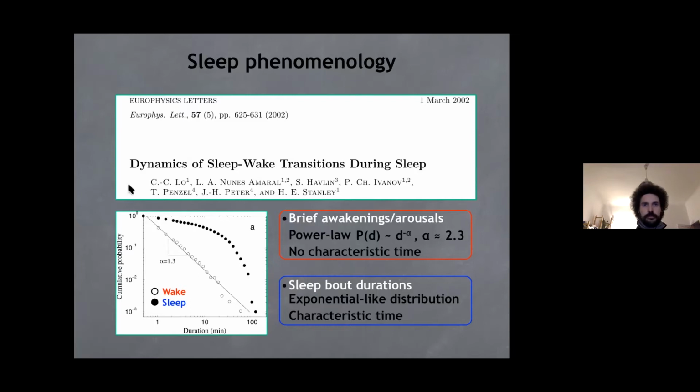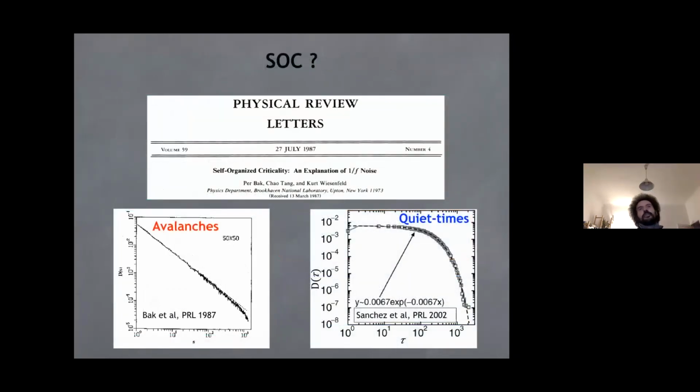Now, interestingly, if you take the brief awakenings and consider them as the active phase of a dynamical process, and you take the sleep bouts and consider them as the quiescent phase, you can immediately recognize that this duality of power law and exponential is closely reminiscent of self-organized criticality.